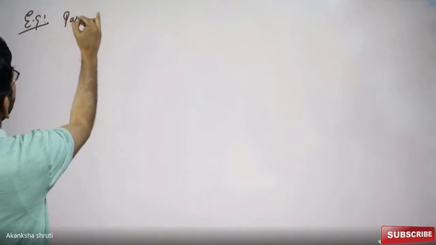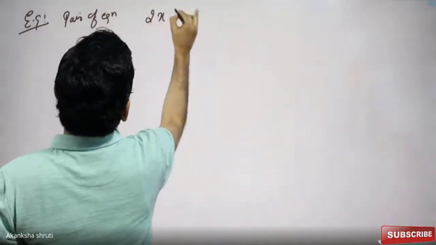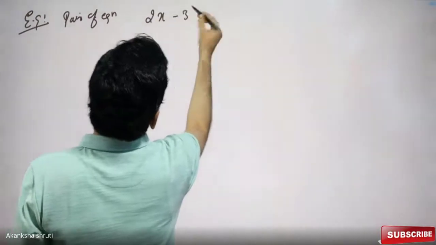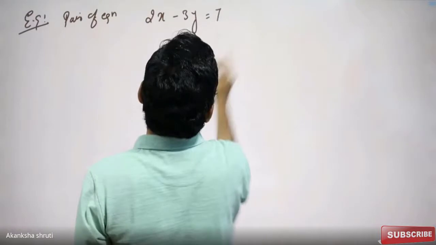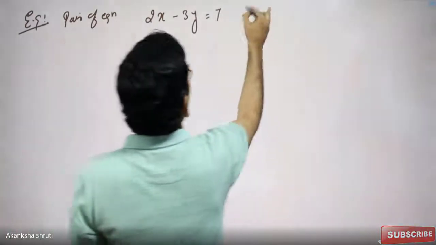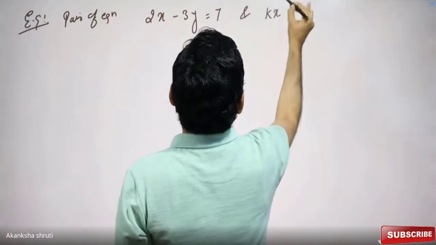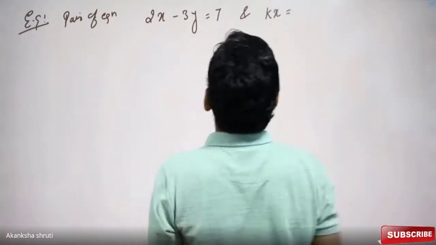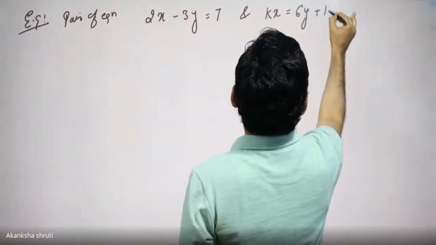Example, students, a question may be asked like this. Say the pair of equations may be given. Let us consider 2x minus 3y is equal to 7 and kx is equal to 6y plus 14.